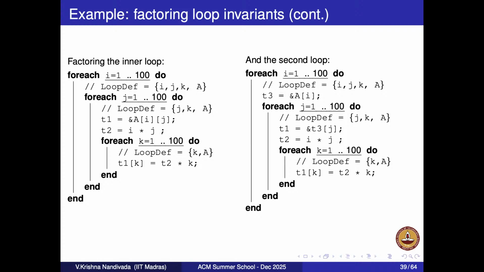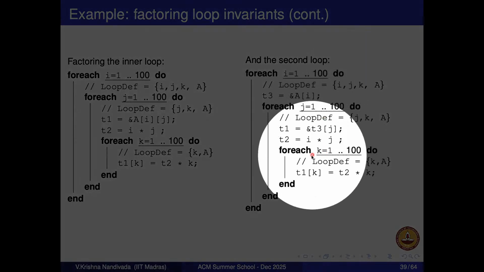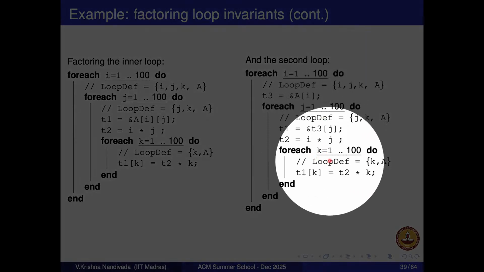What do you get? I am saying look at just the for loop and the expression T2 times K, nothing else. K is changing.